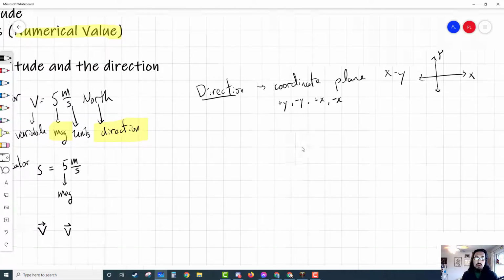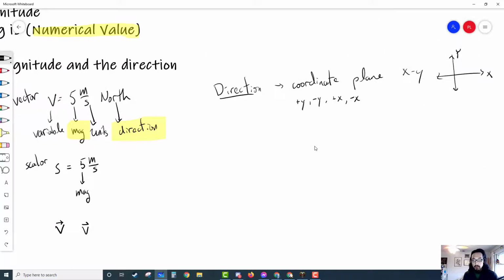So let's use something that we are familiar with. Velocity. We can write velocity as 5 meters per second. This tells us that this velocity has a positive direction, because there's a positive symbol in front of the 5.